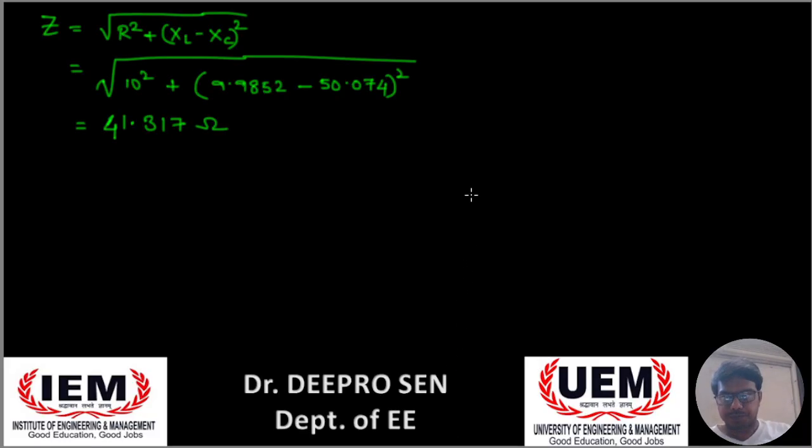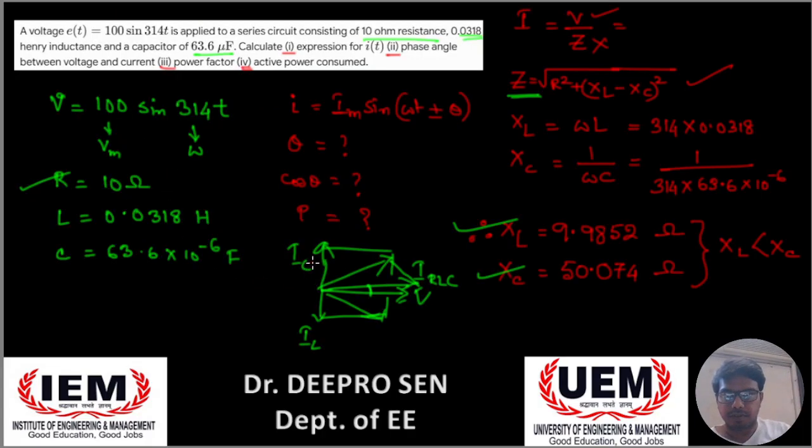So this was the value of Z. Now let us change the color a little bit, do it one by one. So for I, we know that V by Z is your formula. So V is given as 100, where V is equal to Vm.